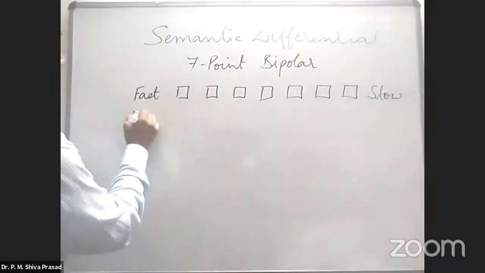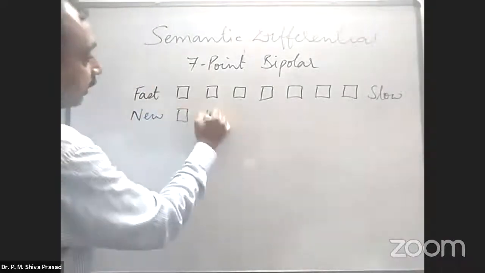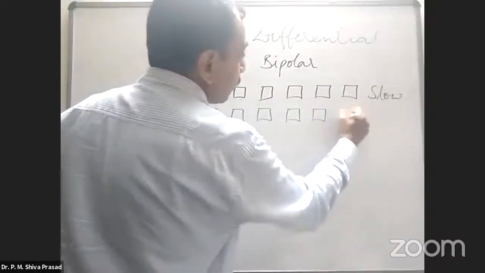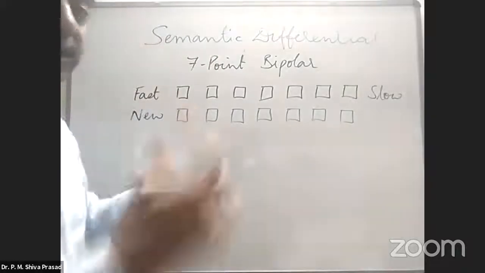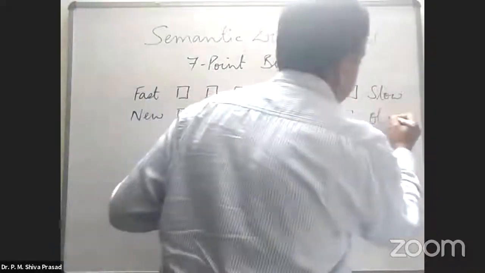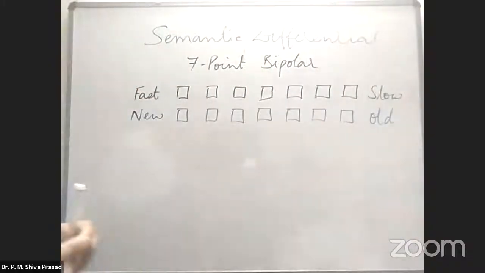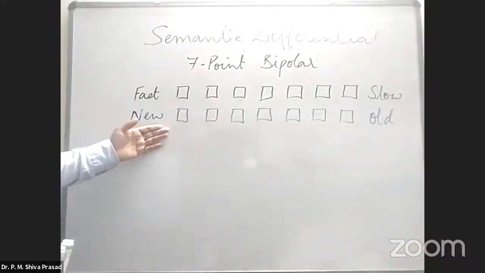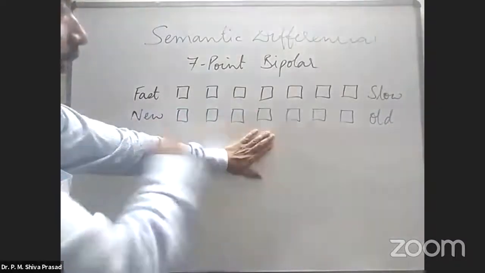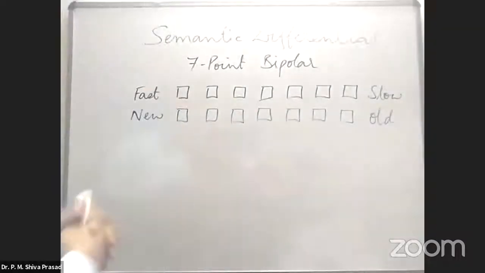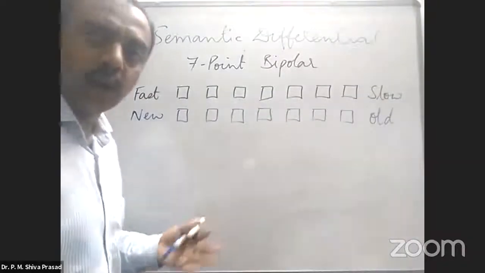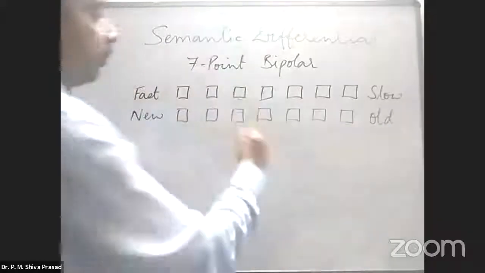So you will have new here, then 7 boxes. And this is good. These boxes are put only to give the visually appealing experience to them. So on the other side, it's old. So anybody would easily comprehend this. New, old. Okay, where do I stand? I feel this design is okay. It's not all that new, but it's not all that old also.